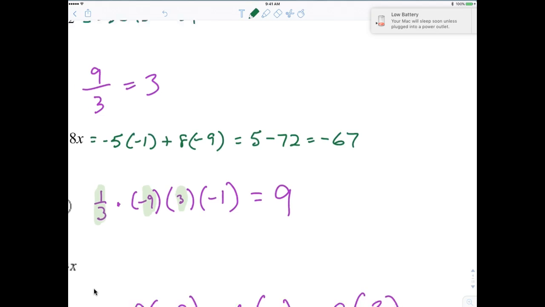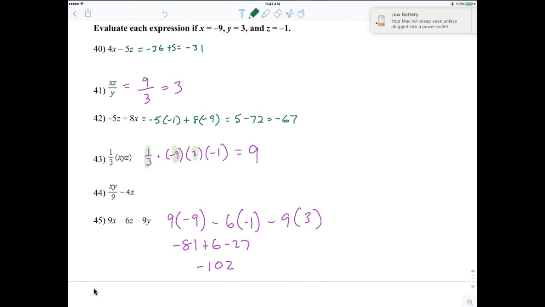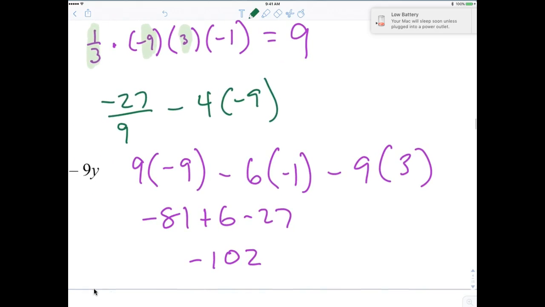All right, here we go. Let's take a look at 44. Again, what's x times y? Negative 27 divided by 9 minus 4 times negative 9. All right, so what's negative 27 divided by 9? Negative 3.